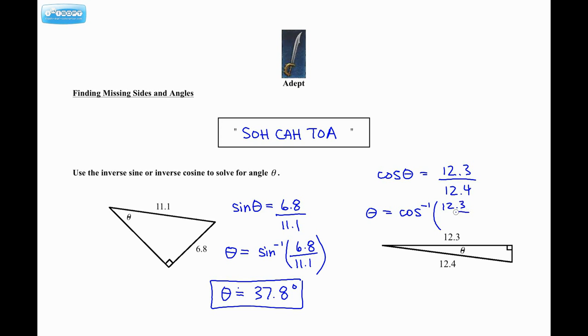It's probably a disgusting decimal. Let's see here, and inverse cos. Now I should get a relatively small number, and I do. It's about 7.3 degrees. There's angle theta.